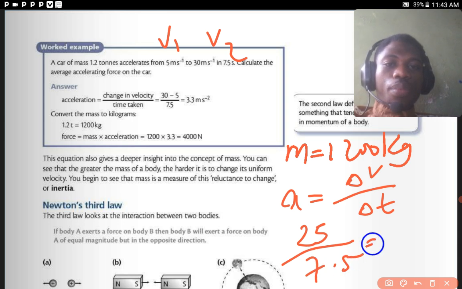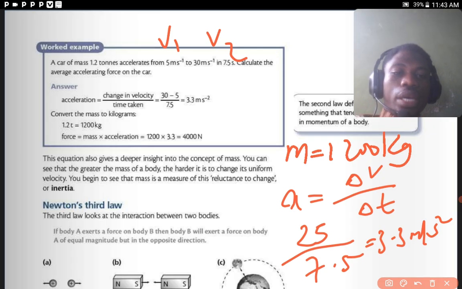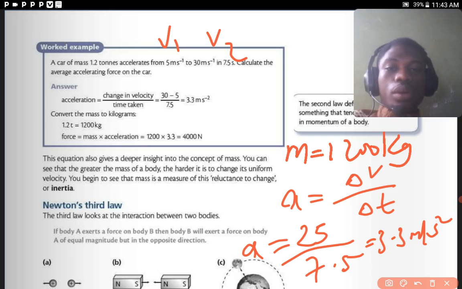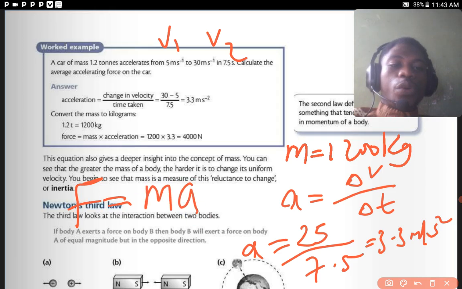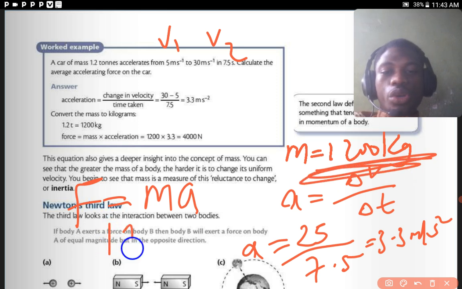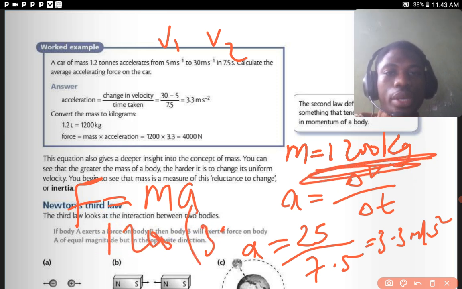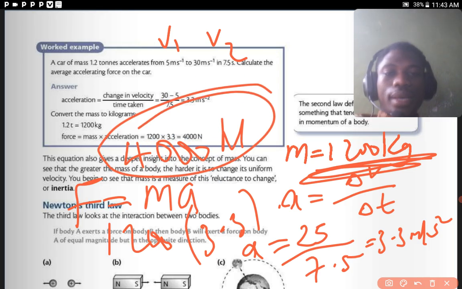This gives you 3.3 meters per second squared. Now, this is only acceleration, but the question is asking for the accelerating force. From Newton's second law, F is equal to ma, the fundamental relation of dynamics. So F is equal to ma, where m is this mass, 1200 times 3.3. This gives you 4000 Newton as the answer.